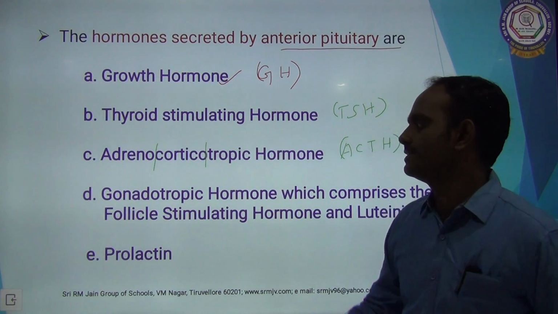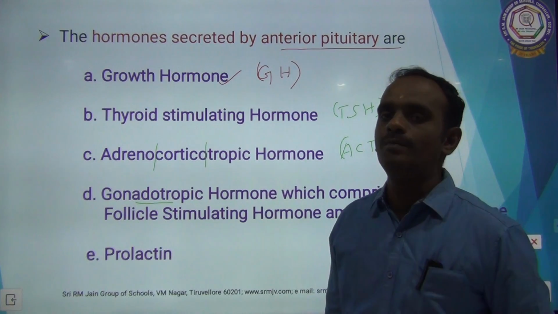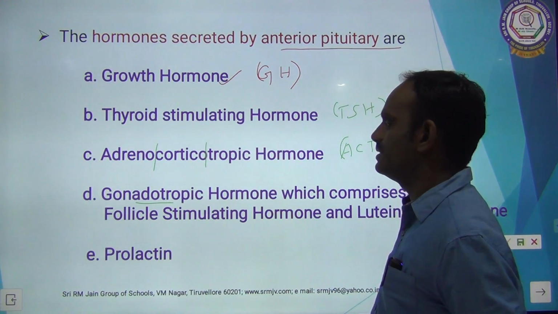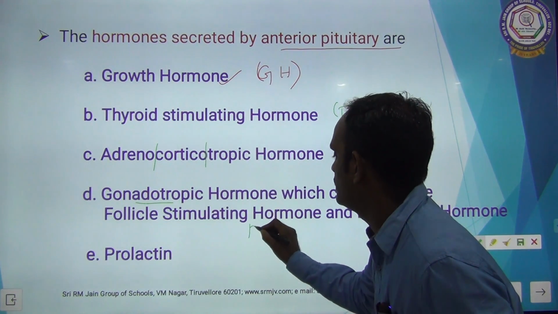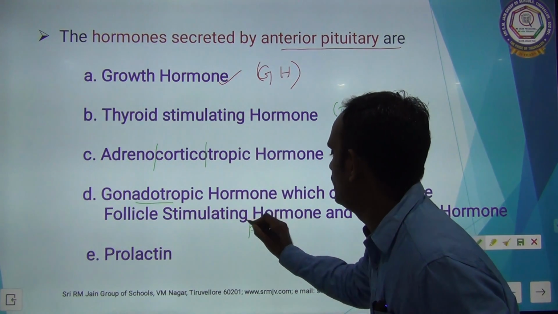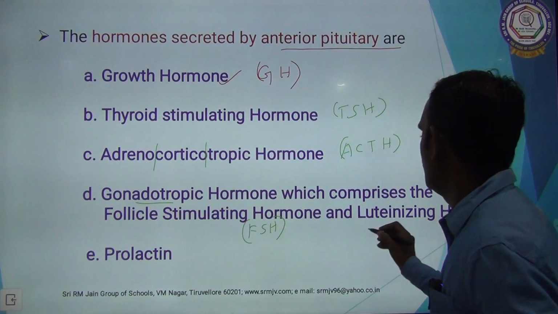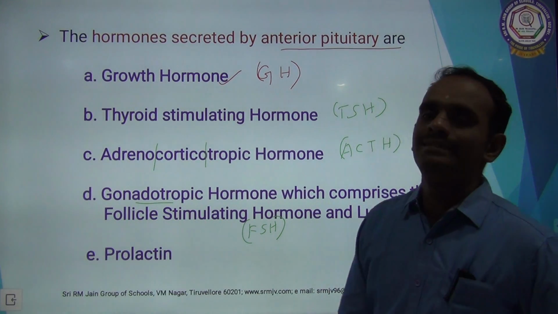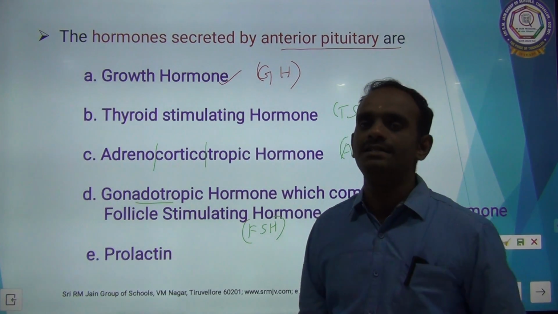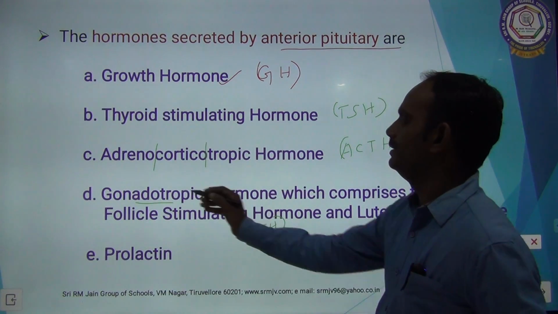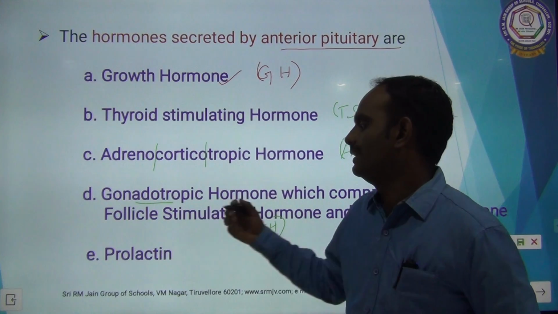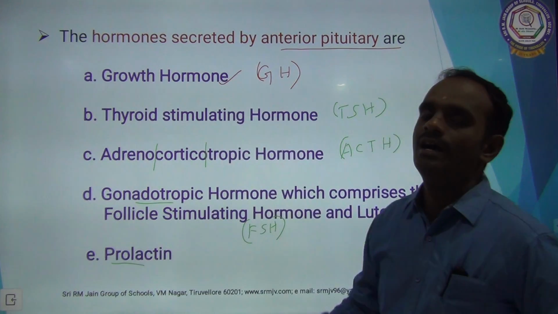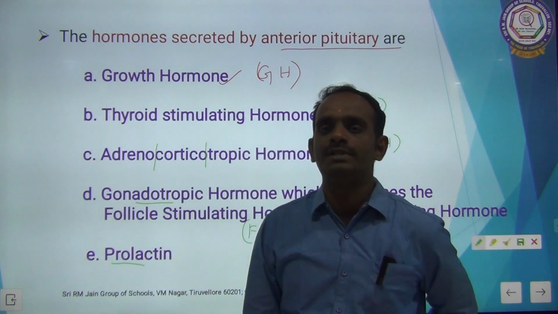The fourth one is gonadotropic hormones, which comprise FSH, follicle stimulating hormone, and LH, luteinizing hormone. These FSH and LH are said to be gonadotropic hormones, and the last one is prolactin. So these are the hormones of the anterior pituitary.